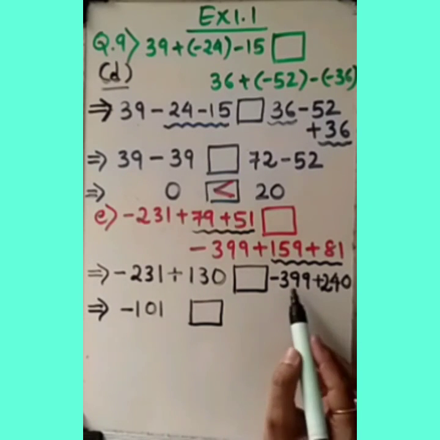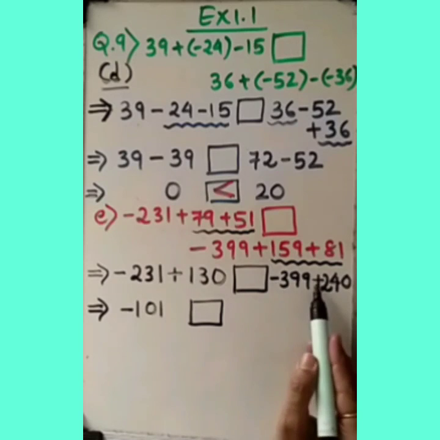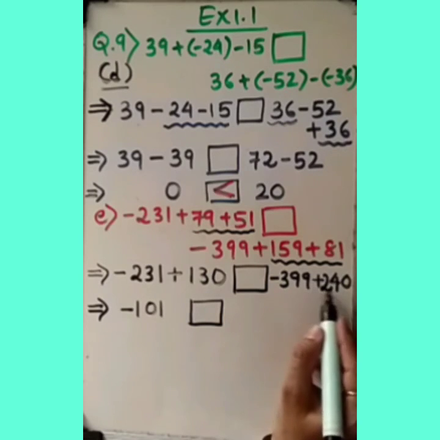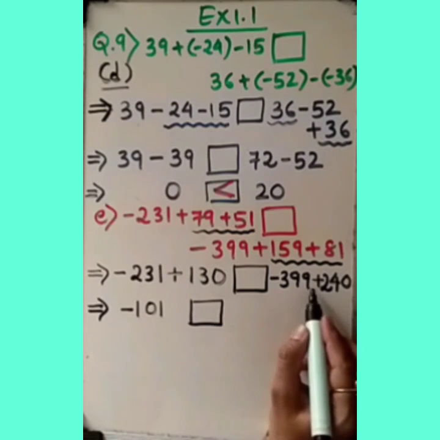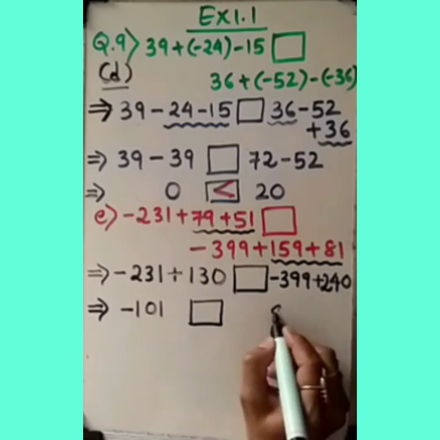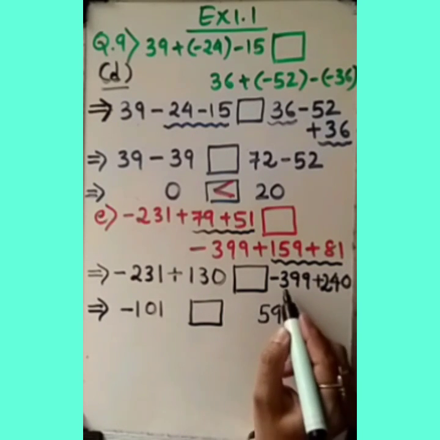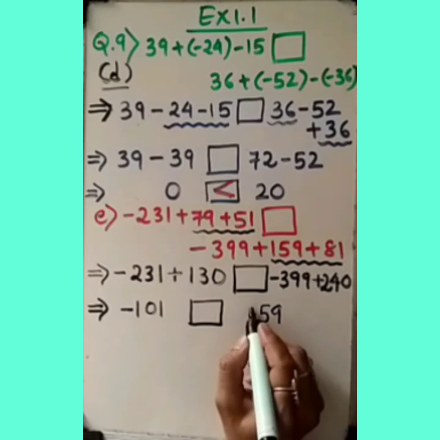Now next, what about this? See, both of these numbers also have opposite signs, and as we know, opposite sign means subtraction. So let me subtract the small number from the big number first. 9 minus 0, 9. 9 minus 4, that is 5. 3 minus 2, that is 1.